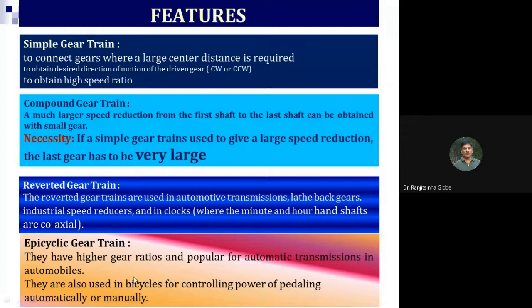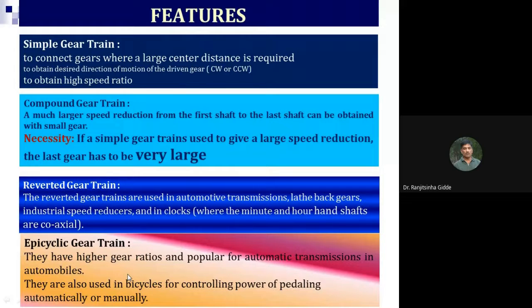Now, what is an epicyclic gear train? These are used for having higher gear ratios. So they are popularly used in automatic vehicles where automatic transmission is used. You might have heard of manual transmission and automatic transmission.